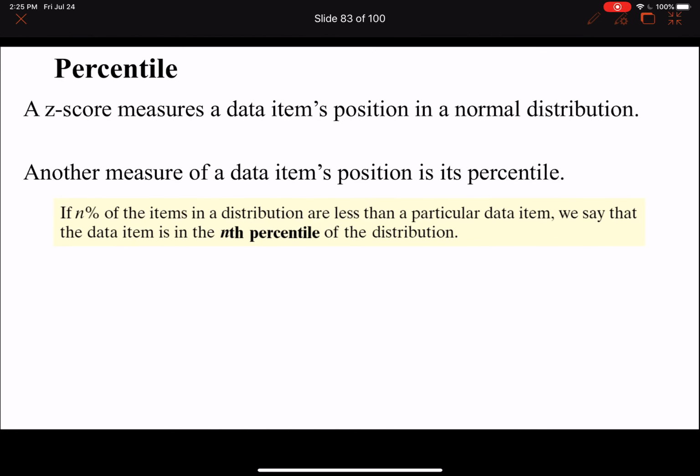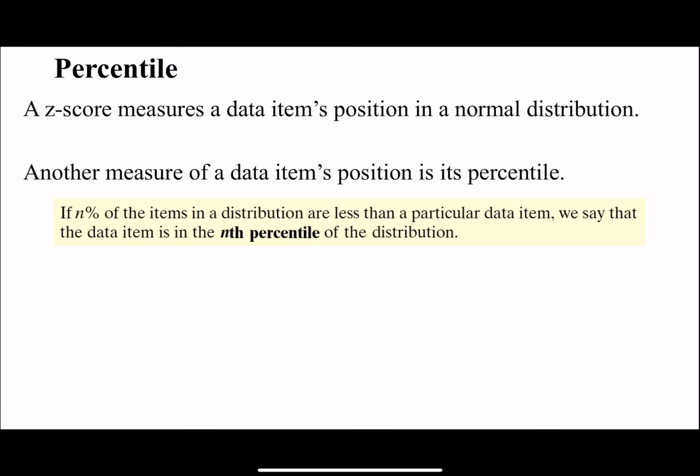Okay, percentile. So, we talk about the z-score. The z-score tells you how many standard deviations a particular data item is away from the mean value, right? When we have a normal distribution. So, another measure of a data item's position is percentile.